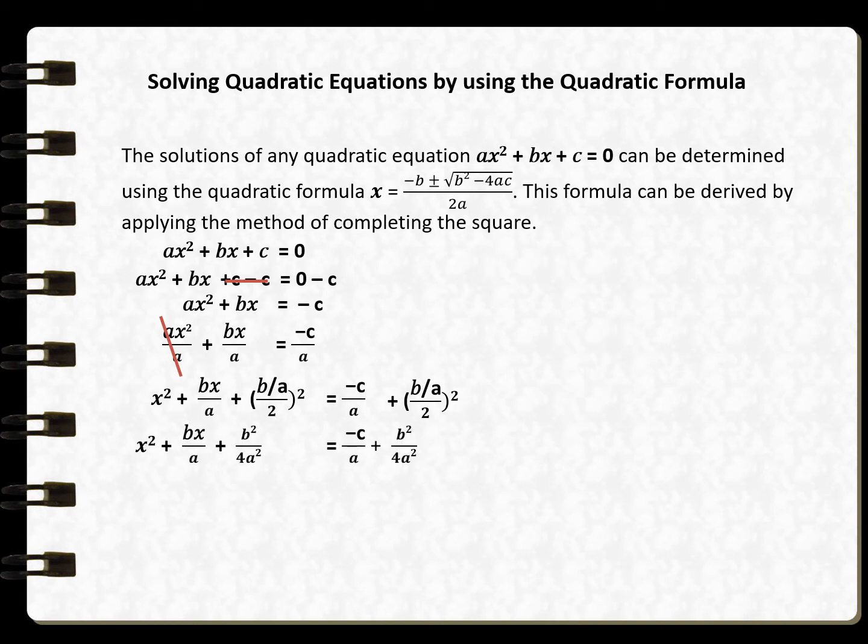So, we have now x squared plus bx over a plus b squared over 4a squared equals to negative c over a plus b squared over 4a squared. Now, simplify natin yung right side ng equation. So, kukunin natin yung LCD nila. So, ang magkaparehas sa kanila is 4a squared. So, 4a squared divided by a gives us negative 4ac.